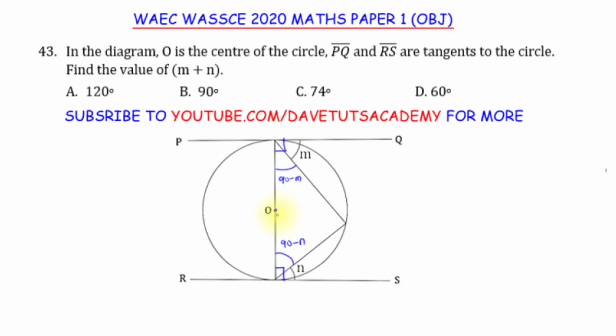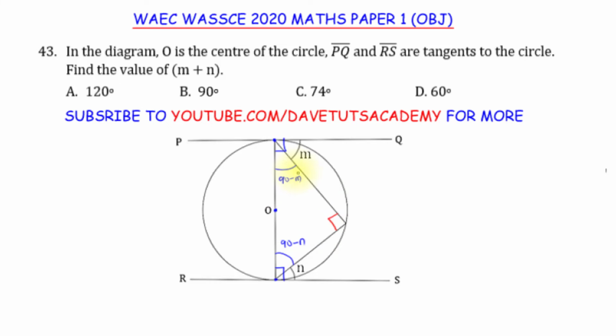Now, this particular line from this tangent to this other tangent, passing through the center of the circle, constitutes the diameter. It's dividing the circle into two equal parts. Then if that is the case, this angle here will be 90 because this is the angle subtended at the circumference by the diameter of a circle.